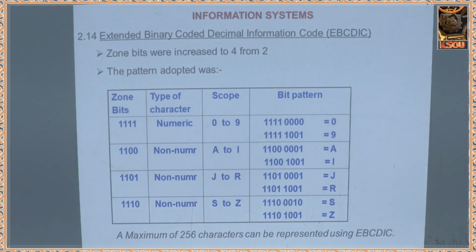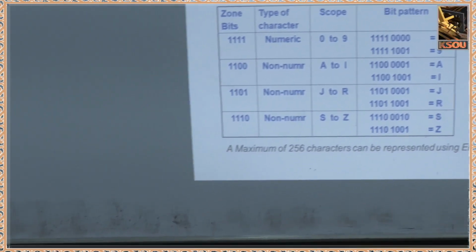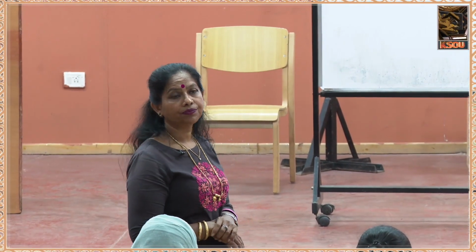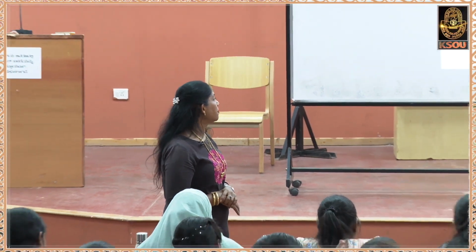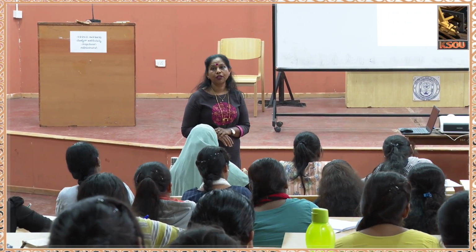EBCDIC means extended binary coded decimal information code. Extended binary coded decimal information code, EBCDIC. This is very important.